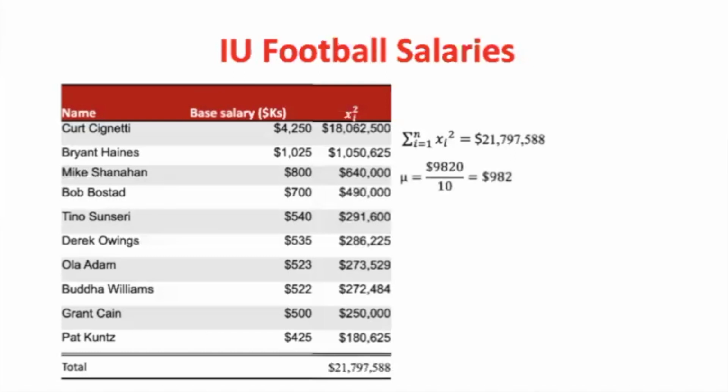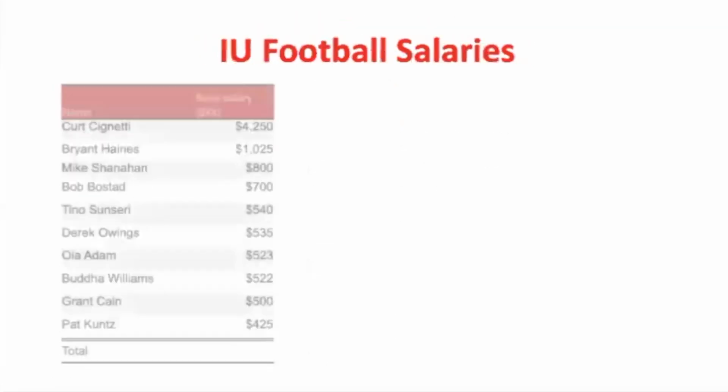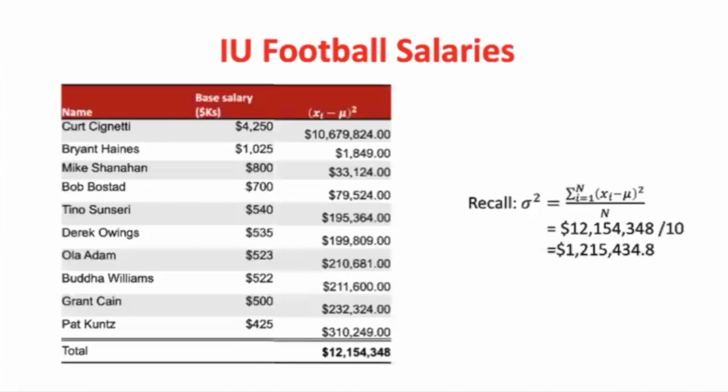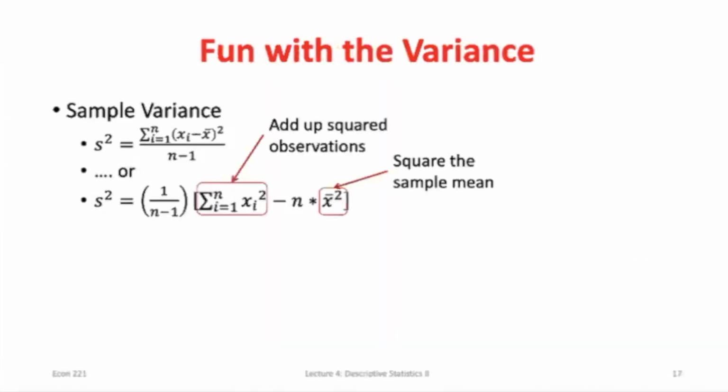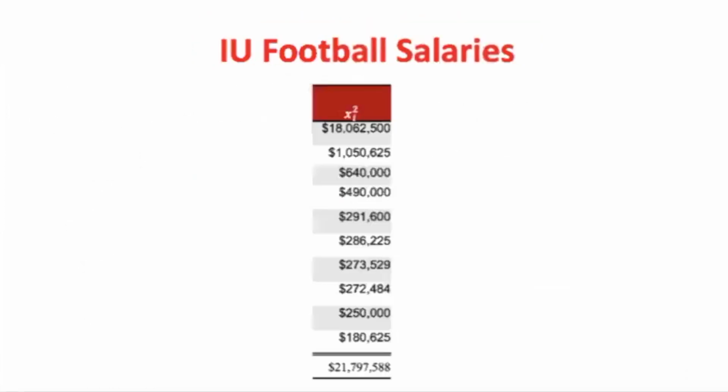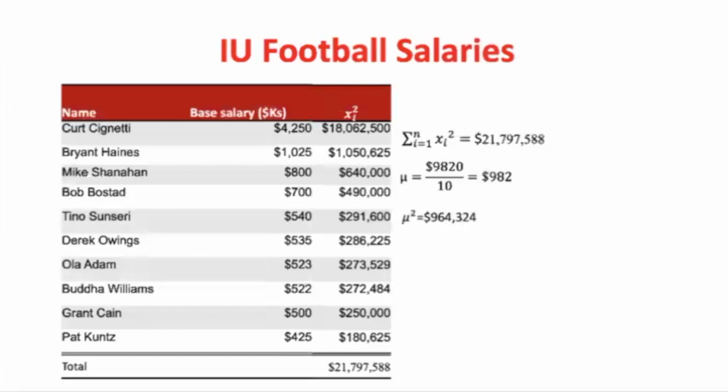I then take the mean, which we had before, which is 982, and square it, because the other thing that I needed was the mean squared, right? I find that. I'm then going to plug everything in.